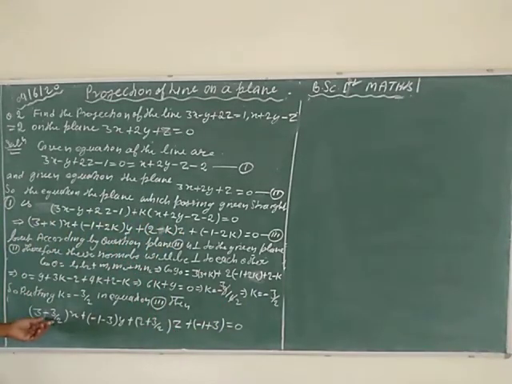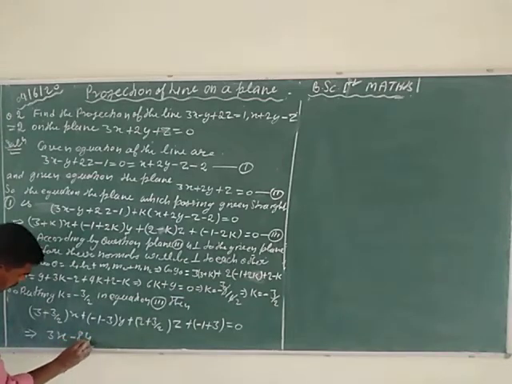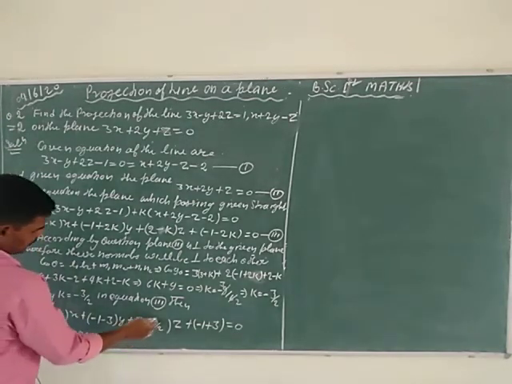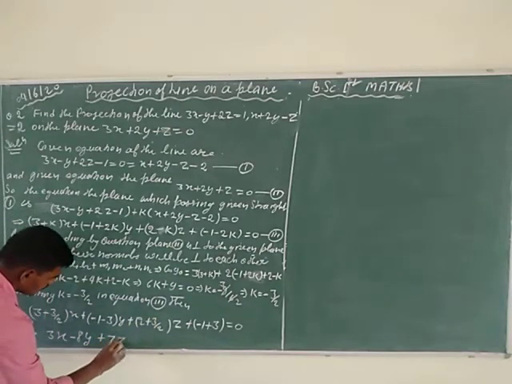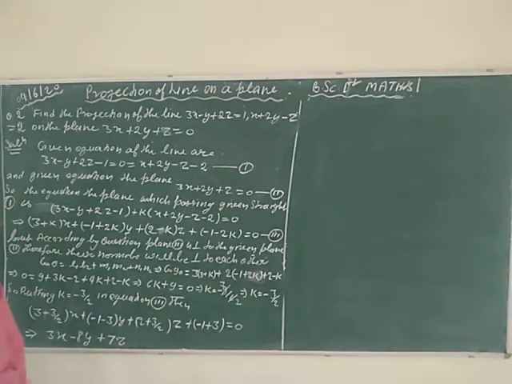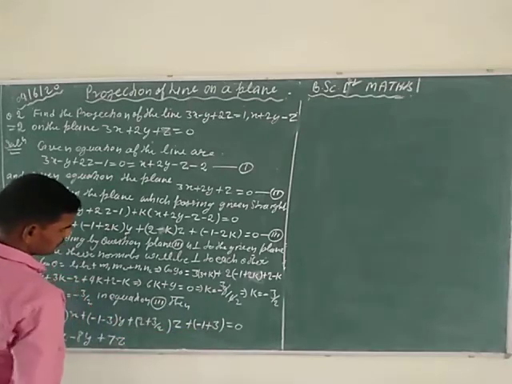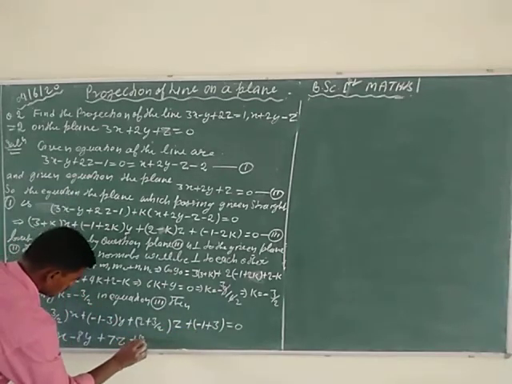Simplifying, we get 3 by 2 x, minus 4 y, plus 7 by 2 z, plus 2 is equal to 0.